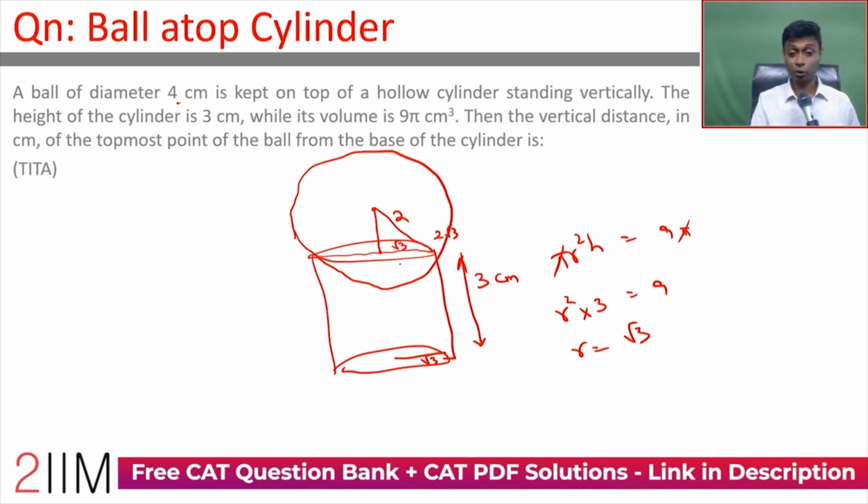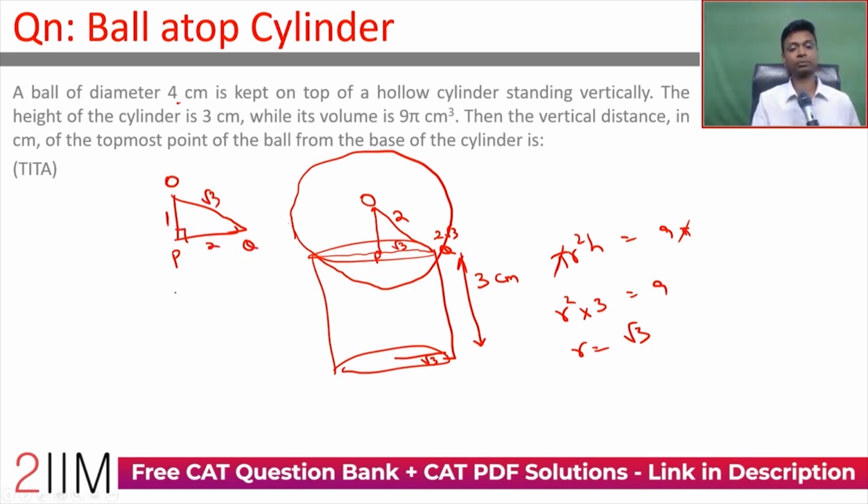If you imagine this shape, the center of the spherical ball sitting on top of the cylinder, to the center of the circle that is the topmost layer of the cylinder, let's say that is P, and the endpoint of that diameter, let's say Q, this shape OPQ is a right angle triangle. This is root 3, this is 2, so it is a 1, root 3, 2 right angle triangle.